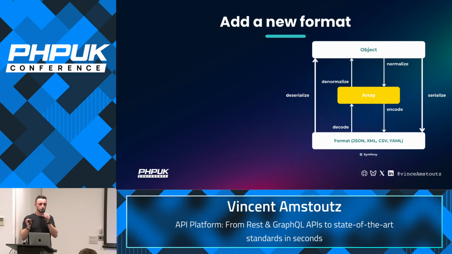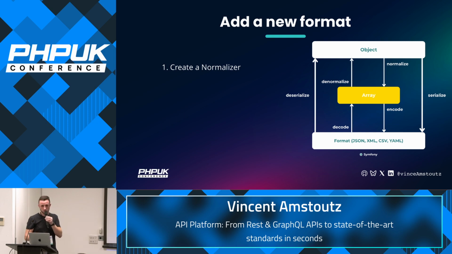If you want to add a format, it's possible in API platform, and it's easy because it's serialization. So for that, the first step is to create a Symfony normalizer. It's documented in the Symfony documentation and also in the API platform documentation.